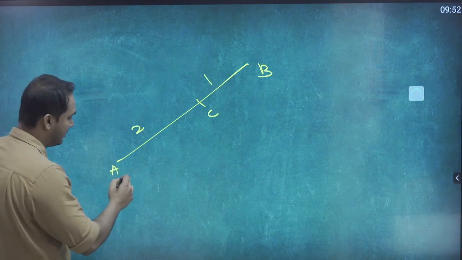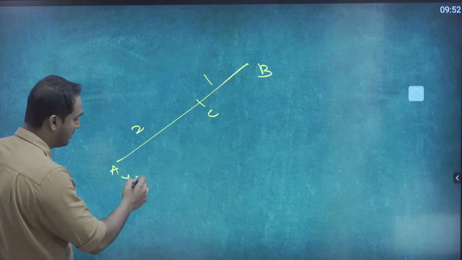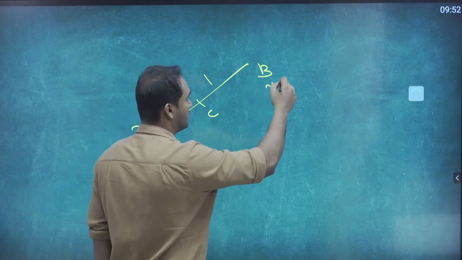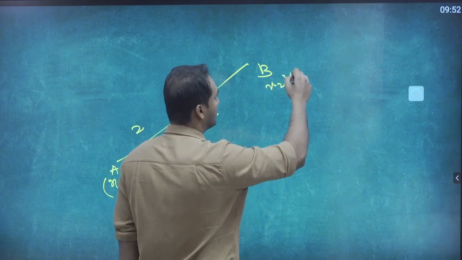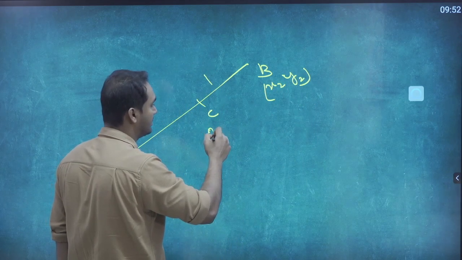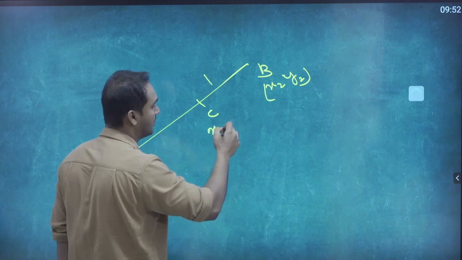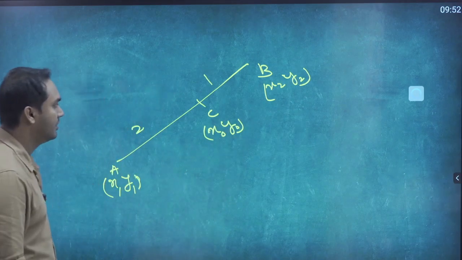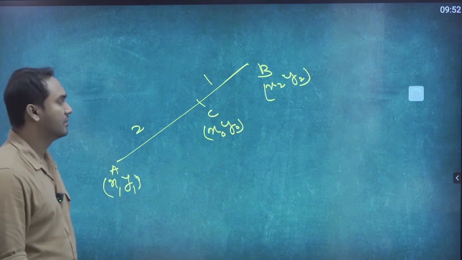So I take the coordinates here as x1, y1 and x2, y2, and these coordinates as x naught, y naught, let's say.